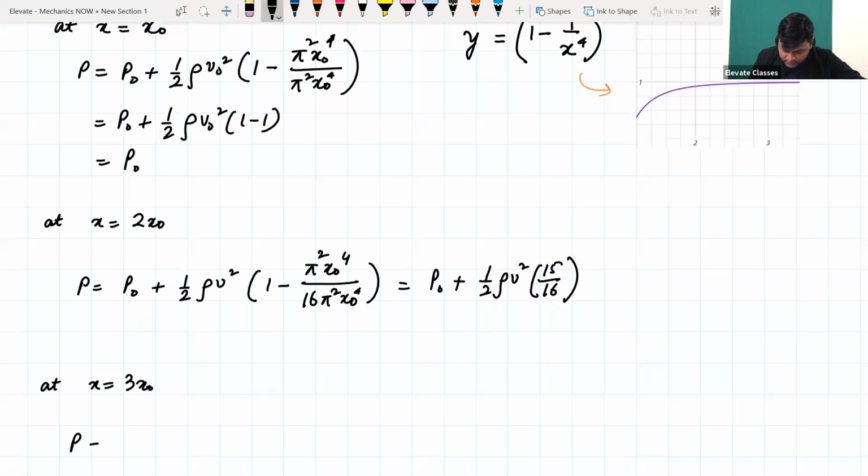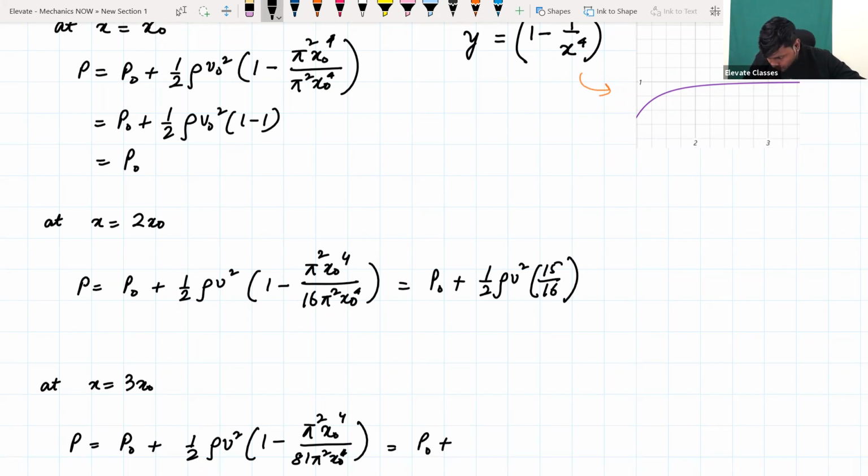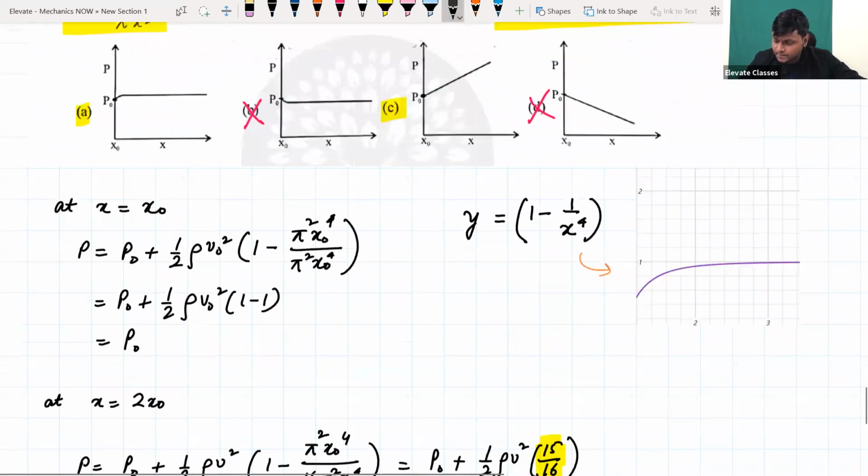If you do this, then you will find p is equal to p naught plus half rho v square times 1 minus pi square x naught to the power 4 upon 3 to the power 4, which is 81 pi square x naught to the power 4. So this is equal to p naught plus half rho v square times 80 upon 81. You see the slope is not the same. Can you see this? So this clearly is not the equation of a straight line.